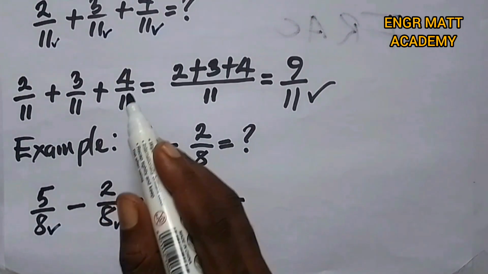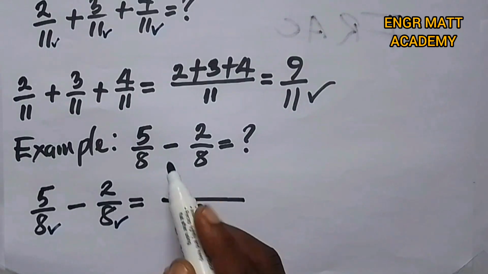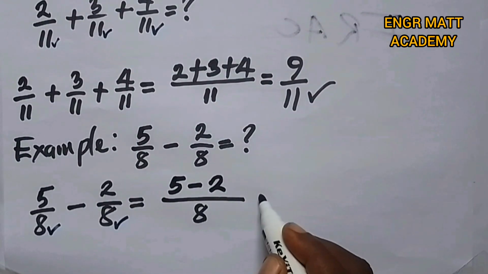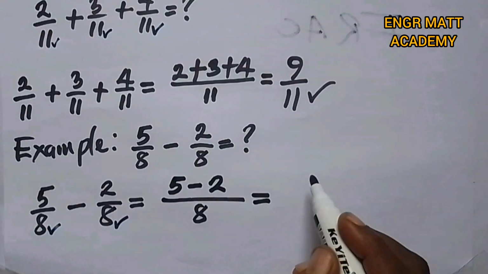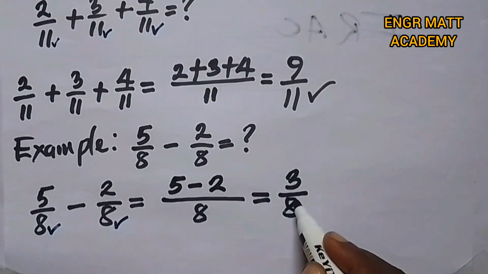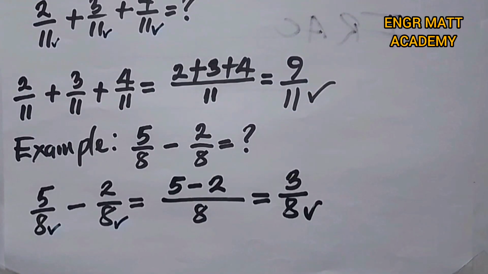Now, instead of adding this time, because we are dealing with subtraction, we say 5 minus 2. 5 minus 2 leaves us with 3, and we have 8 as the denominator. And that is it. When the denominators are the same, the addition or subtraction of fractions is a straightforward procedure.